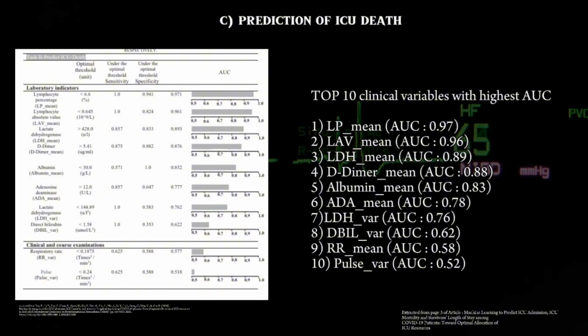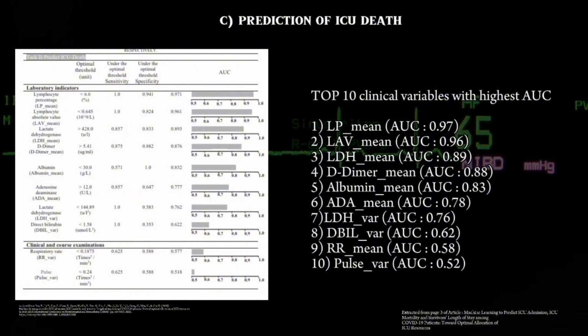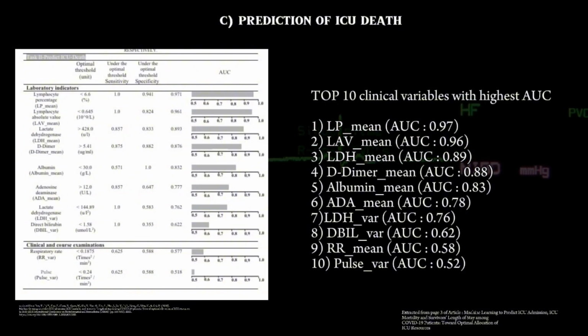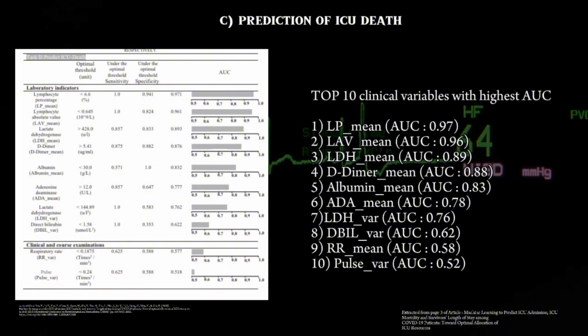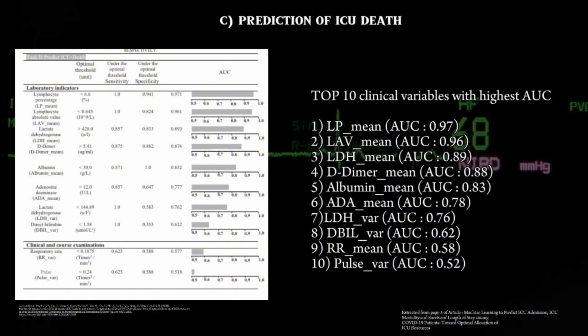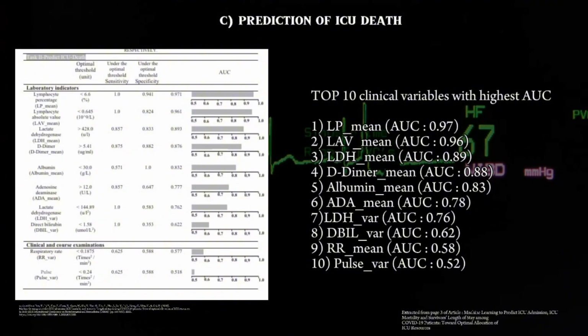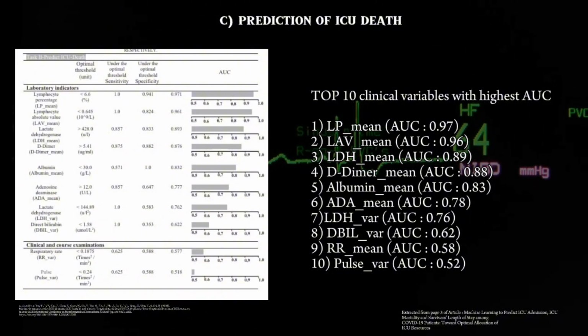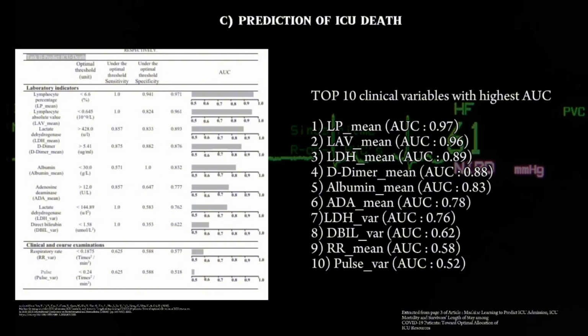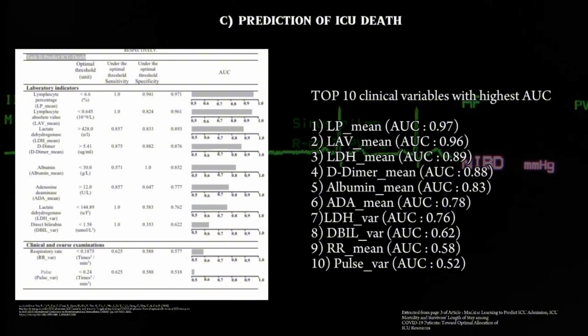They were the mean of lymphocyte percentage, AUC of 0.97, mean of lymphocyte absolute value, AUC of 0.96, mean of lactate dehydrogenase, AUC of 0.89, mean of D-dimer, AUC of 0.88, mean of albumin, AUC of 0.83, mean of adenosine deaminase, AUC of 0.78, variance of lactate dehydrogenase, AUC of 0.76, variance of direct bilirubin, AUC of 0.62, variance of respiratory rate, AUC of 0.58, variance of the pulse, AUC of 0.52.